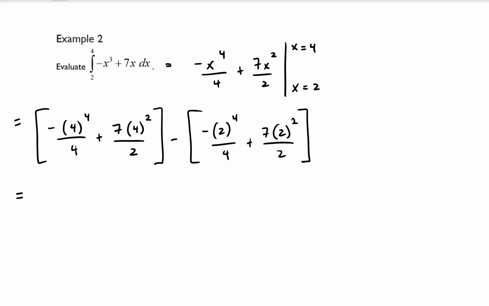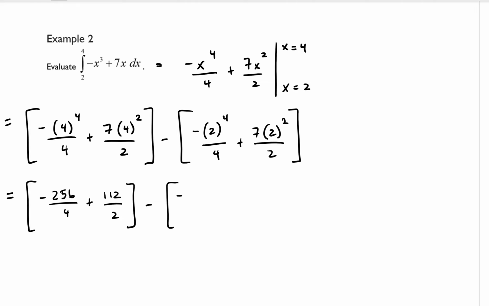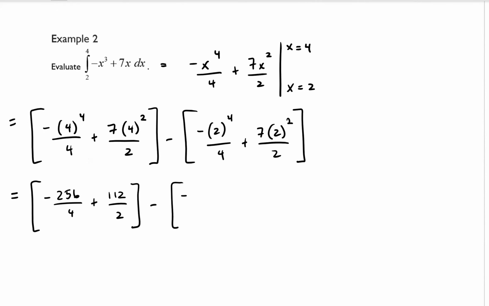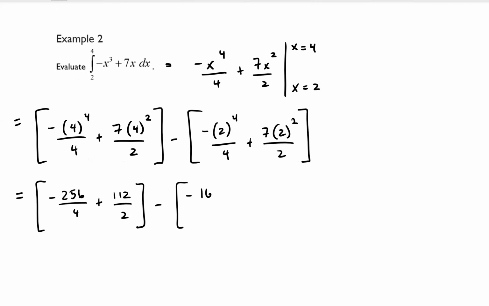All right, let's do some simplification. So that's going to be negative 256 over 4 plus 112 over 2 minus negative 16 over 4 plus 28 over 2.